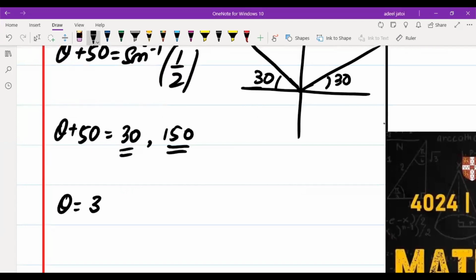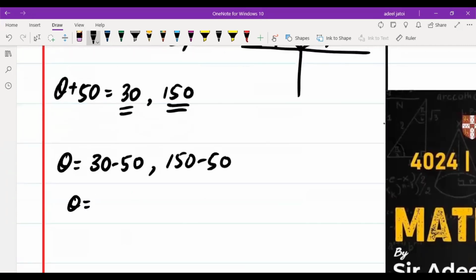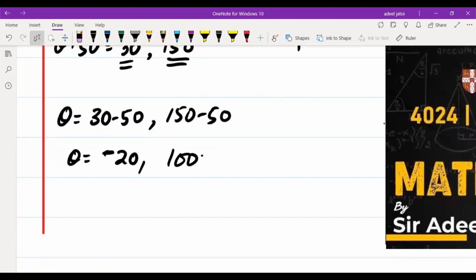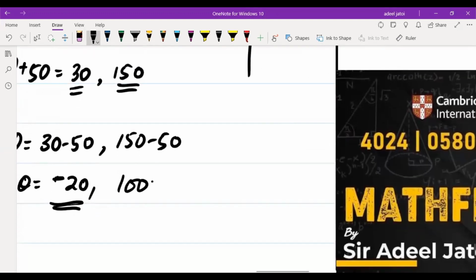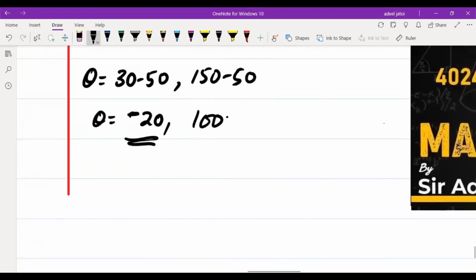So what we do is 30 minus 50 and 150 minus 50. We will end up having minus 20 and 100. Since negative 20 is out of the range, we make sure that this negative 20 comes into the domain.